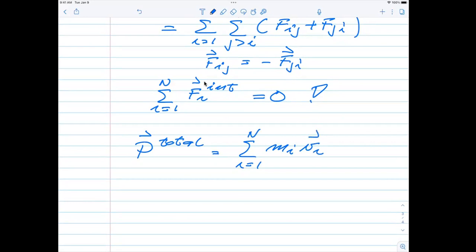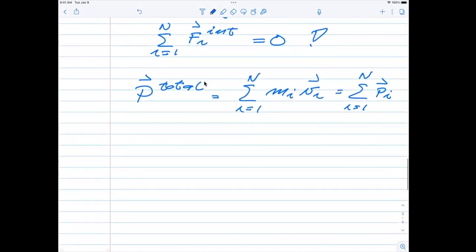Remember that momentum is the mass multiplied with the velocity. So this is given by the sum from i equal 1 up to n of lowercase p of i. These are the individual momenta, which add up to the total linear momentum.